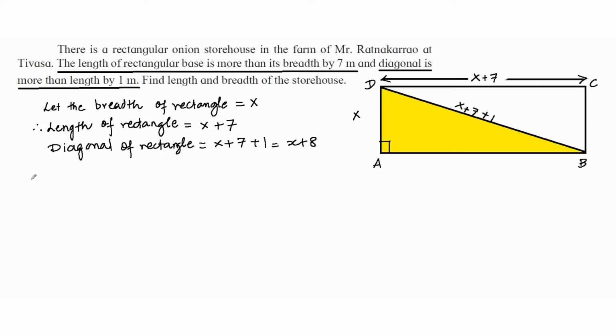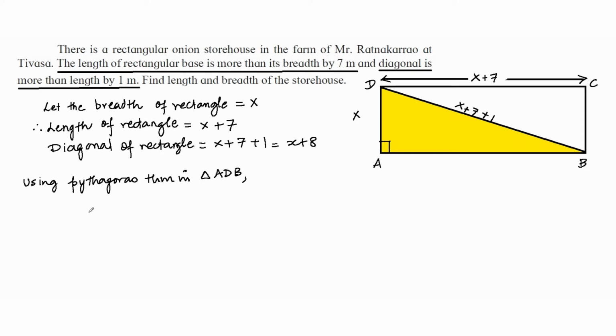Now I can use Pythagoras theorem. So using Pythagoras theorem in triangle ADB. Now how can I use Pythagoras theorem? Because triangle ADB is a right angle triangle, because ABCD is a rectangle.